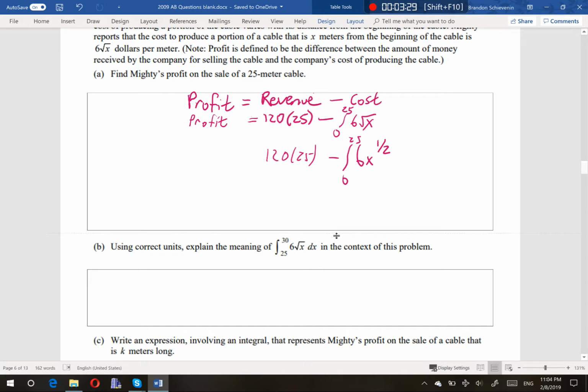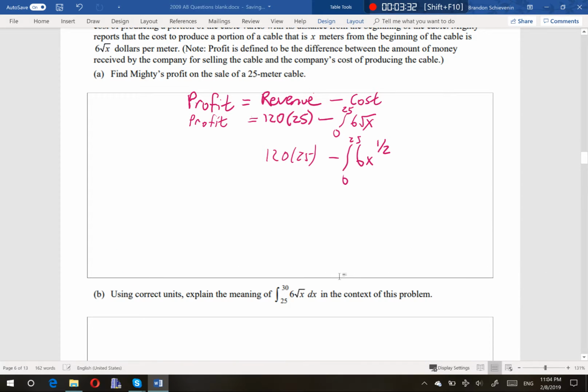Okay, so I'm going to add 1 to the power and then divide by the new power. So if I add 1 to the power, we'll have x to the 3/2 power. And then what happens if I divide by the new power? If I'm dividing by 3 over 2, I'm doing the same thing as multiplying by what? 2 over 3. 2 over 3.